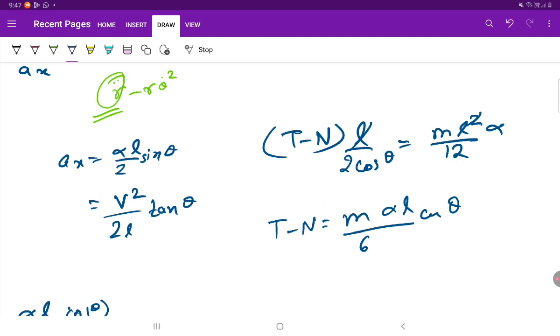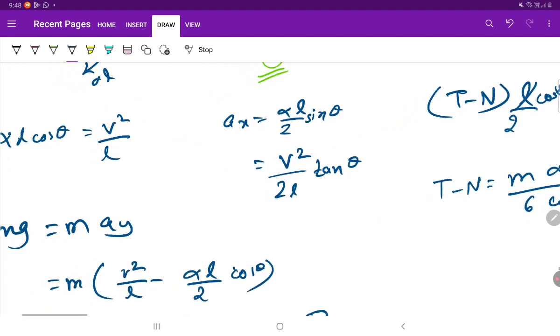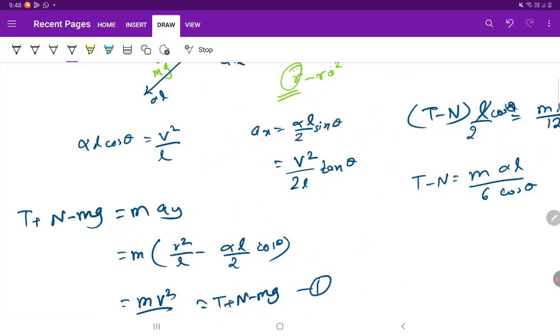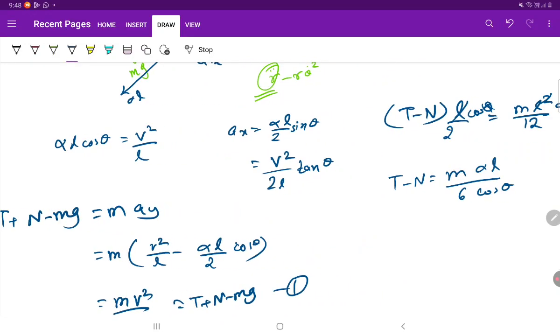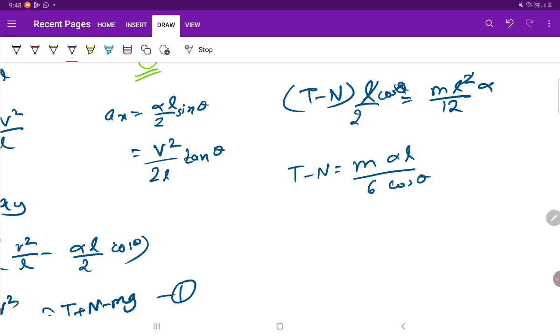Right? No, there will be a cos theta in the numerator, so the cos theta will come in the denominator, and we already derived alpha L in the previous section, that is v square by L cos theta. Just substitute it, and I will get v square by 6L cos square theta.